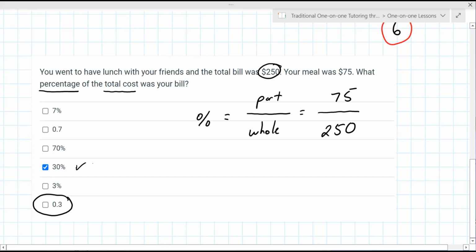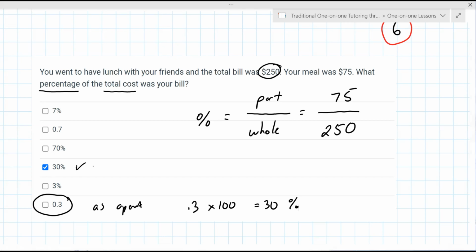So I feel like 30% is the only answer, but 0.3 as a percent, you multiply by 100 and you get 30. I think this is the only answer, but then I wonder, why are there all these check boxes? I'm really tempted to check this one also.